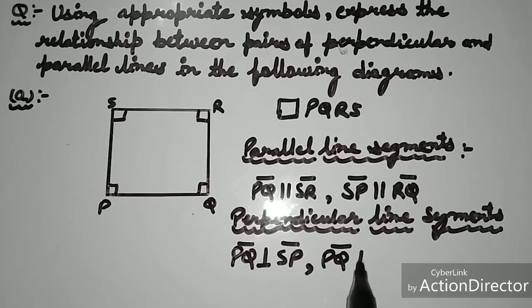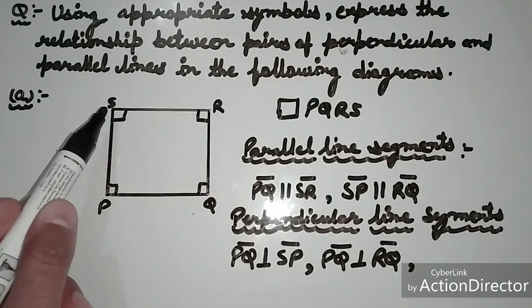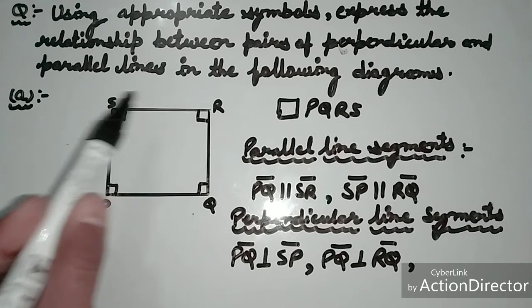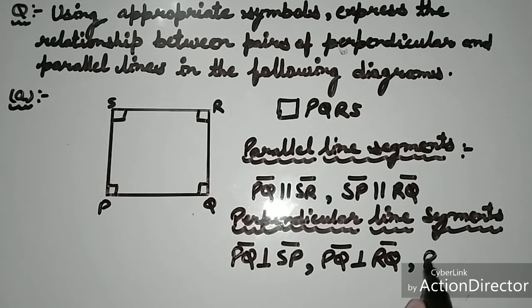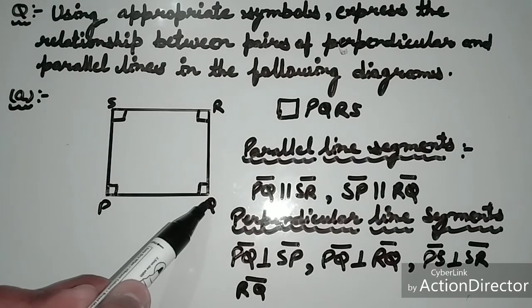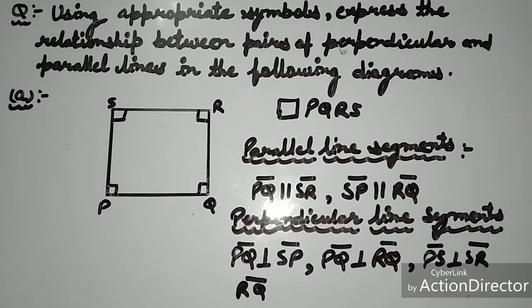Line segment PS is perpendicular to line segment SR, and line segment RQ is perpendicular to line segment SR. So these are the parallel line segments and perpendicular line segments in this figure.